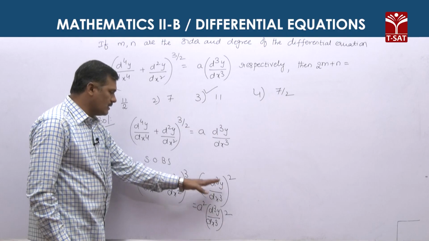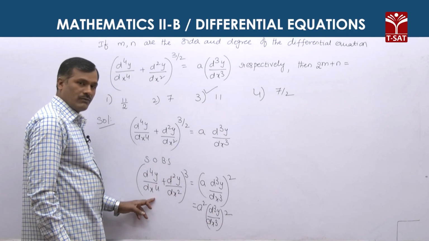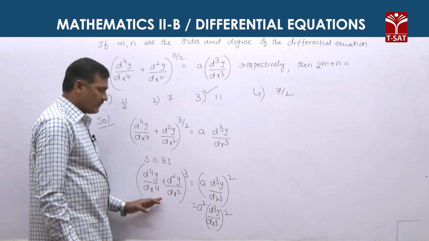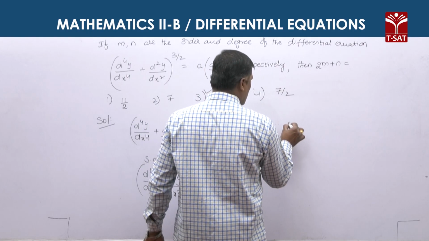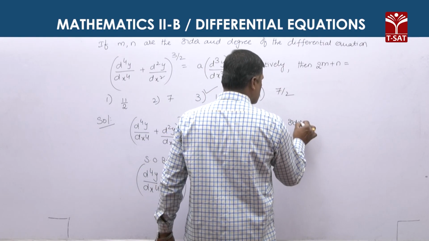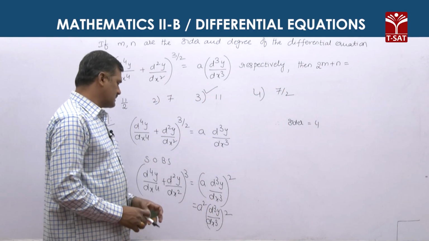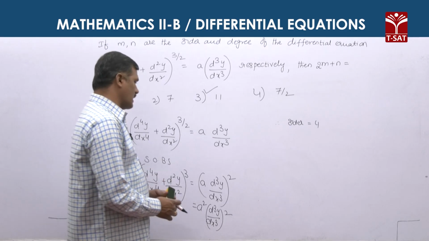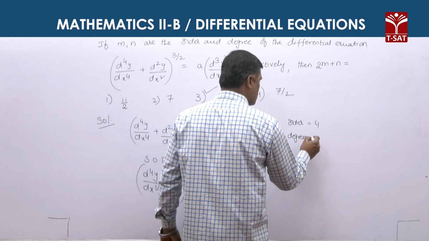In this obtained differential equation, d power 4 y by dx power 4 is the highest derivative obtained. Therefore, its order is 4. The order of the obtained differential equation is 4, and what is the degree? Degree is equal to 3.